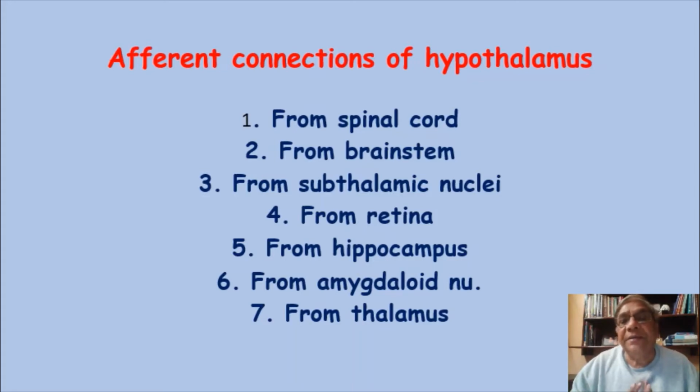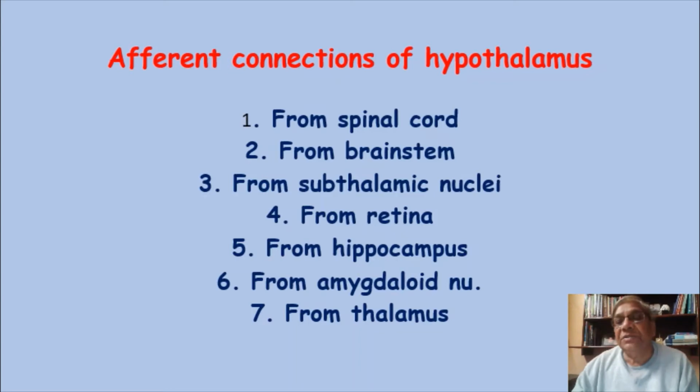The first connection we will learn is from the spinal cord, bringing impulses from the various regions of the spinal cord. Second, from the brain stem, that is the medulla, pons, and the midbrain, where various important cranial nerve nuclei, both motor and sensory, are located.